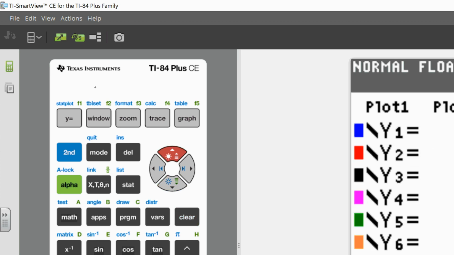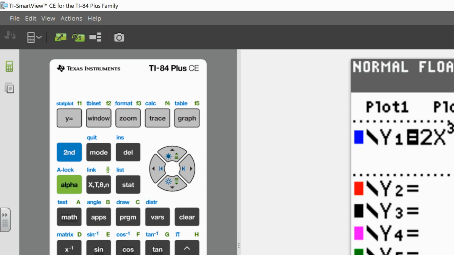And on the first line, we can type it in as 2x to the third minus 12x squared plus 18x. And once we get that typed in, we can hit graph.